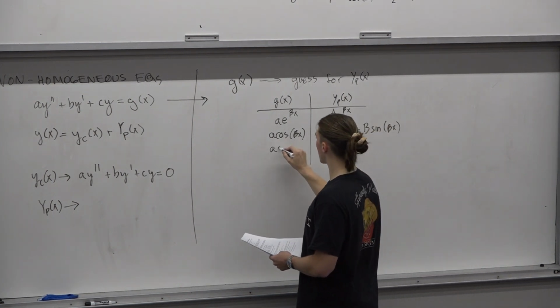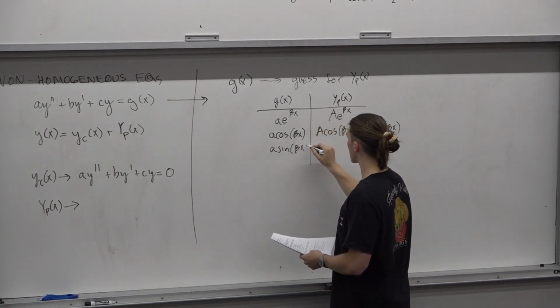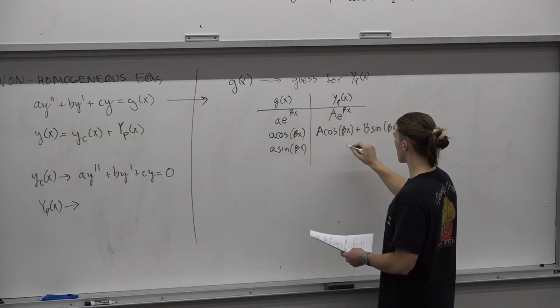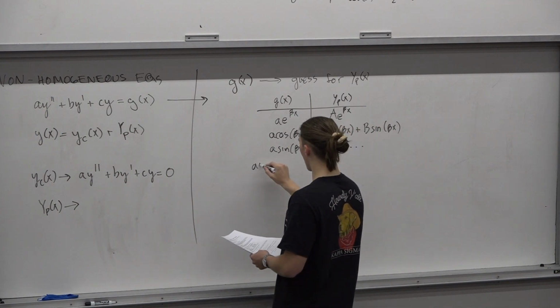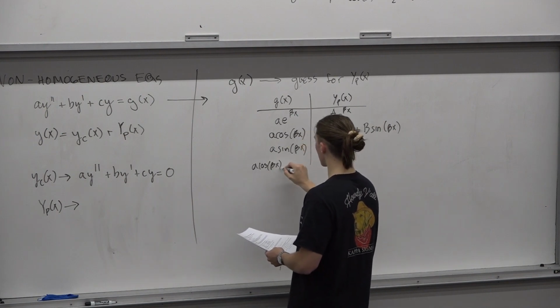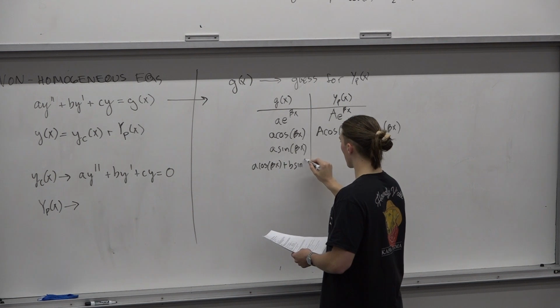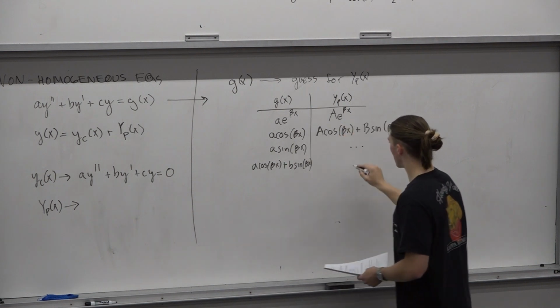If it's a sine beta x, we're going to guess the same thing. And finally, if it's a cosine beta x plus b sine beta x, we're also going to guess the same thing.